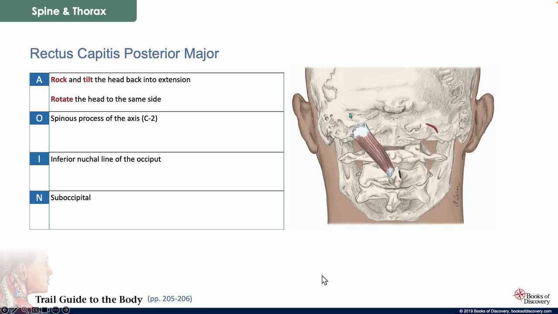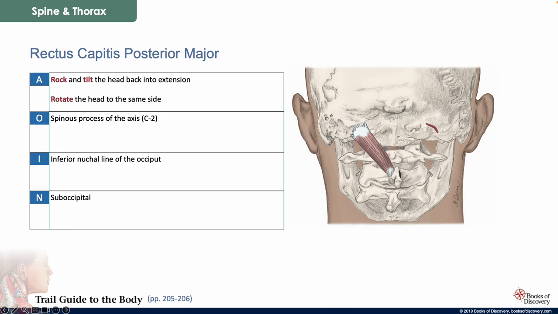So in this picture here, this left rectus capitis, if it were to contract, it'll rotate on that same side. It originates on the spinous process of C2, so this is way up on the neck, into the base of the skull. And then it runs up and connects onto the nuchal line of the occiput.